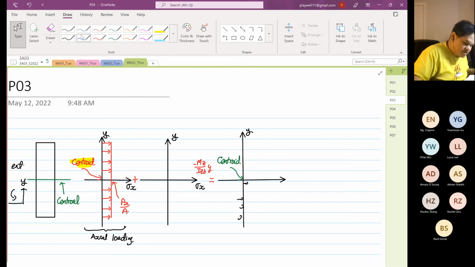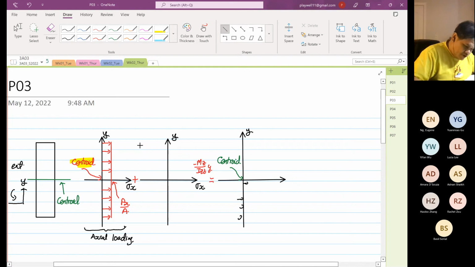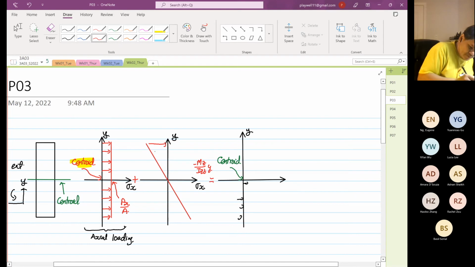So now the orientation changes. So now the orientation is this way. Okay. So you have compression, and you have tension.